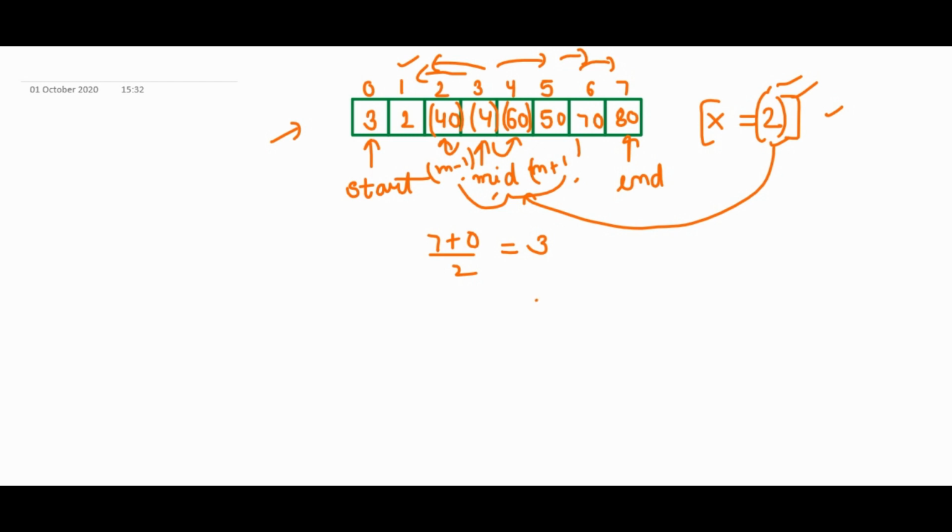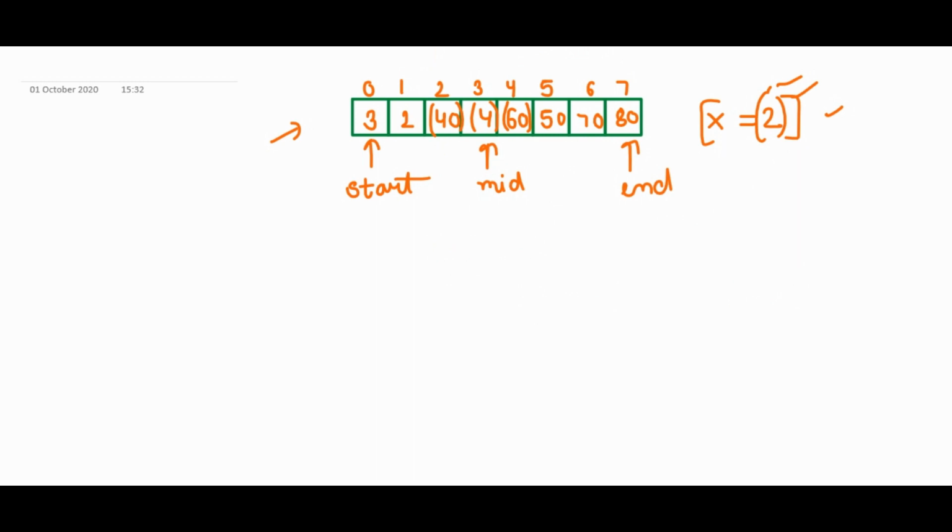Okay, that means when we start another traversal and we go to right or left, we have to point our start to mid plus 2, or we have to point our end to mid minus 2, depending on where we are going. Okay, so let's complete this question and see how it is working.